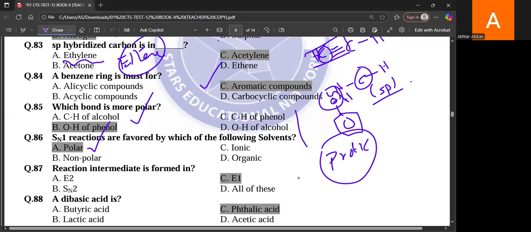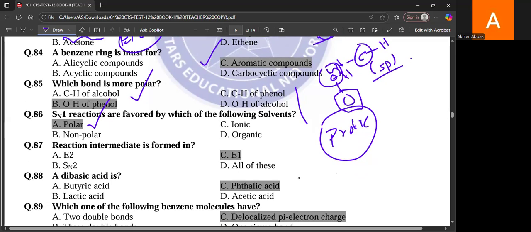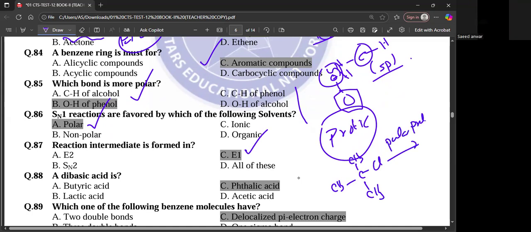Reaction intermediate is formed in E1 reaction. You know that in E1 reaction, in elimination reaction, the first step is carbocation. So we can take tertiary alkyl halides. So we can use polar solvent like water, because water contains hydrogen along with polar molecules.